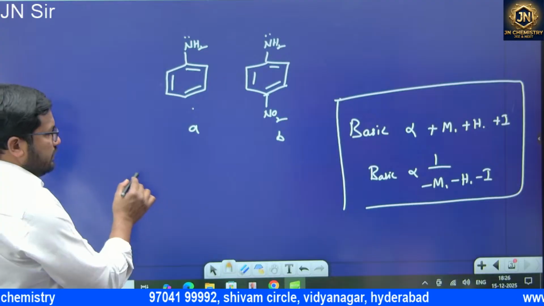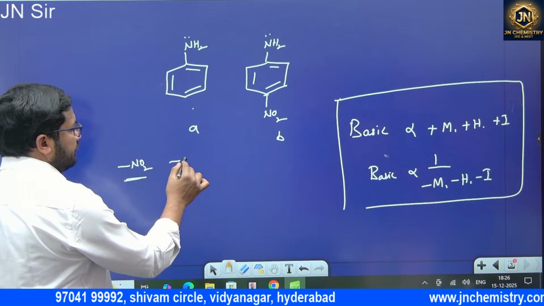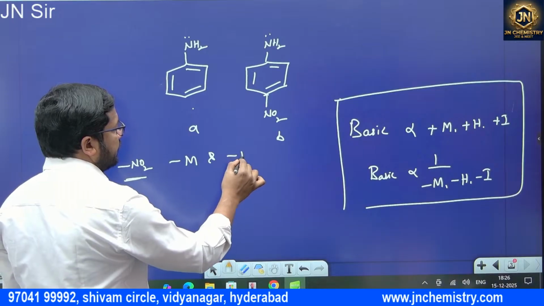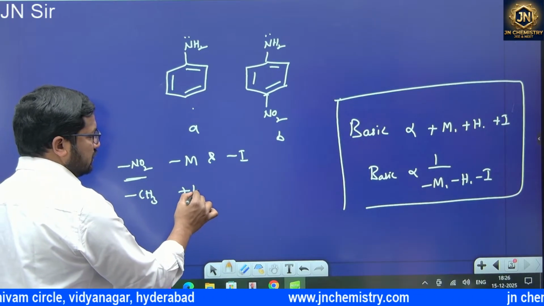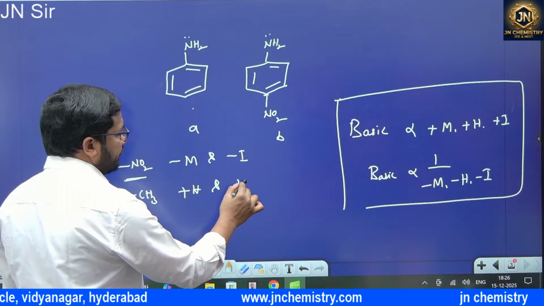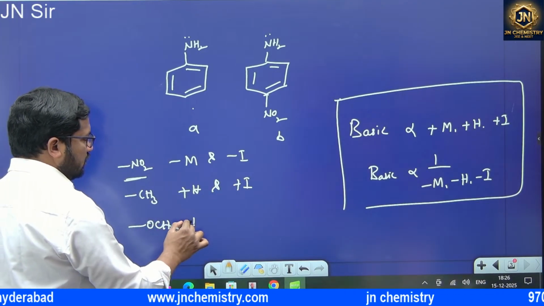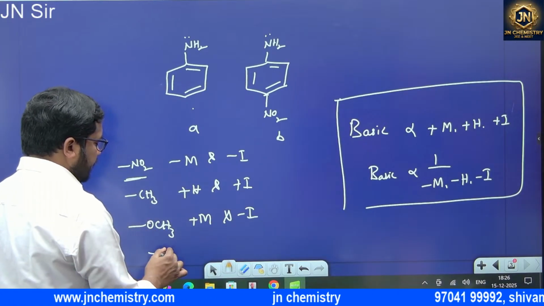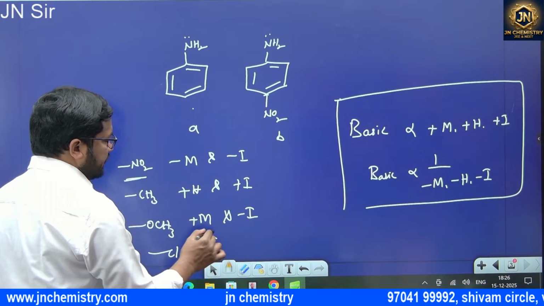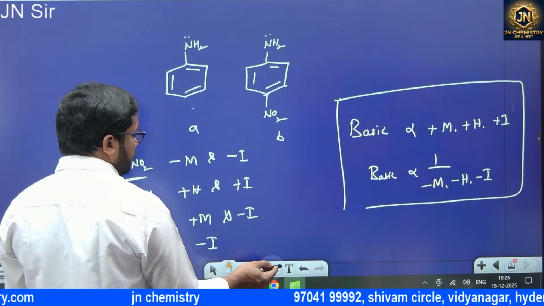I already discussed that NO2 is minus M and minus I. For example, CH3 is plus H and plus I. OCH3 is plus M and minus I. Cl is minus I. So write this down also, everyone.